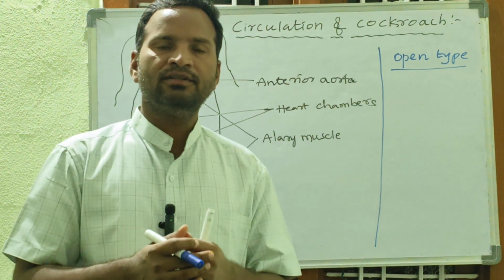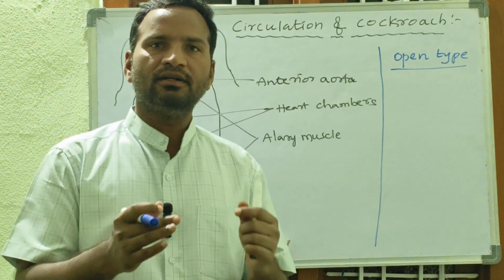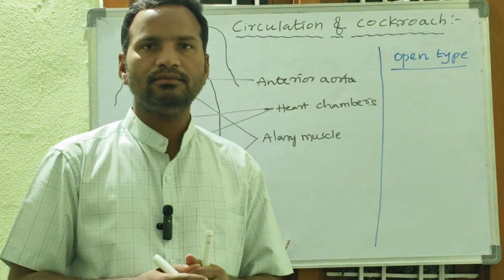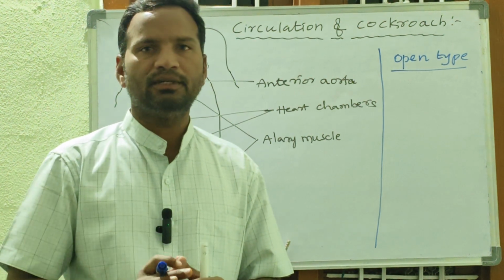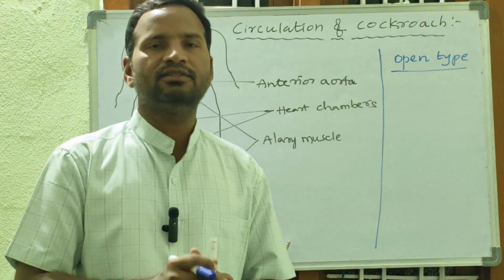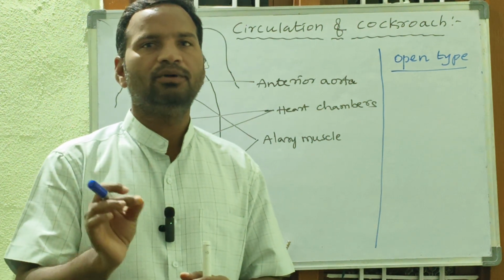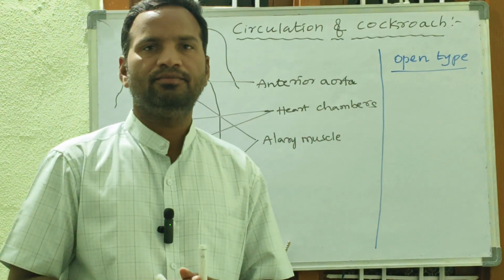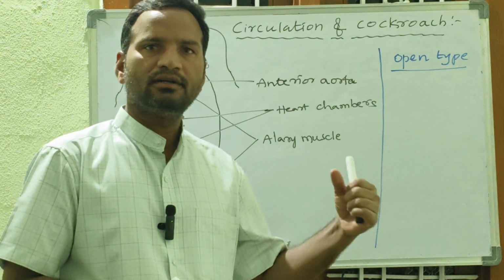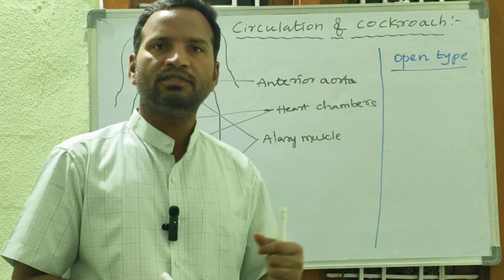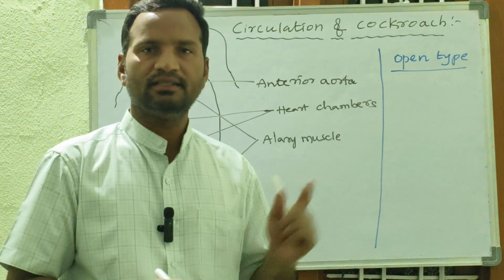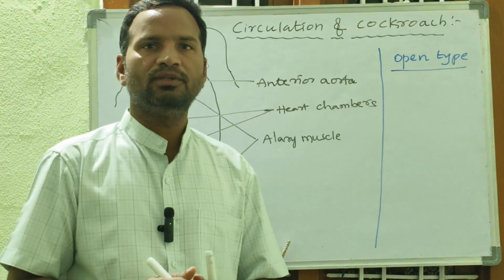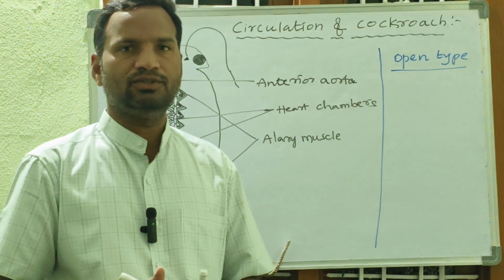In the sinuses, the visceral organs are bathed, and the blood vessels are poorly developed. Such a circulatory system is called an open type of circulatory system. The cockroach possesses this open type of blood circulatory system. Yes, this is the second point about the circulation of the cockroach.